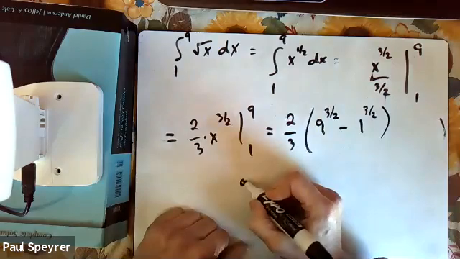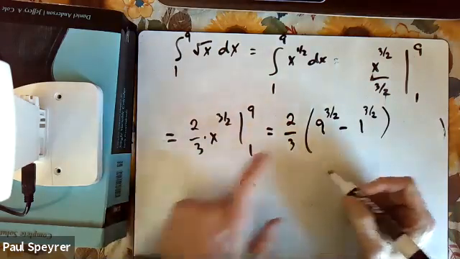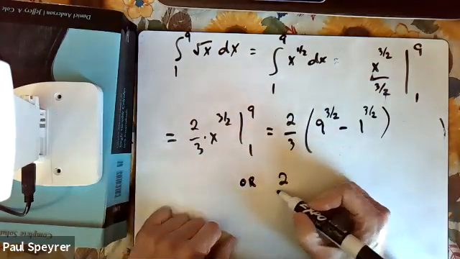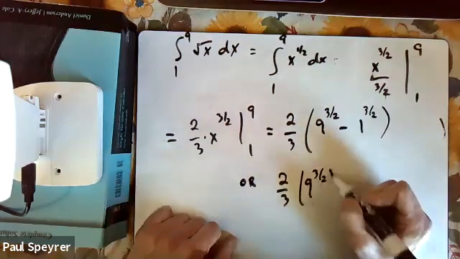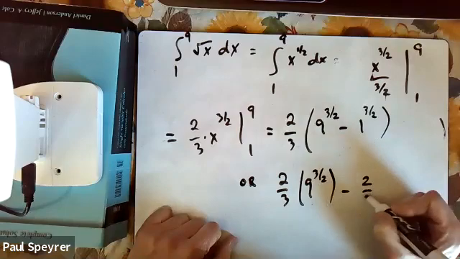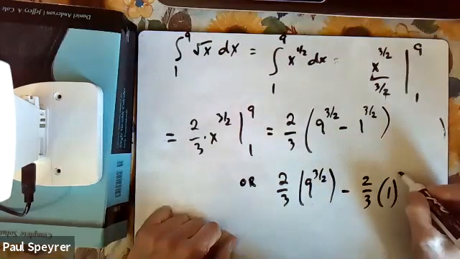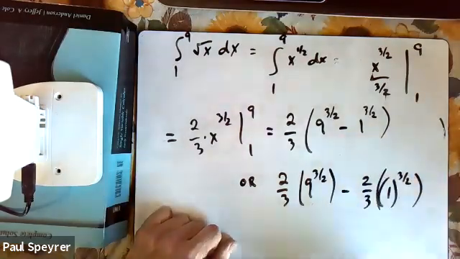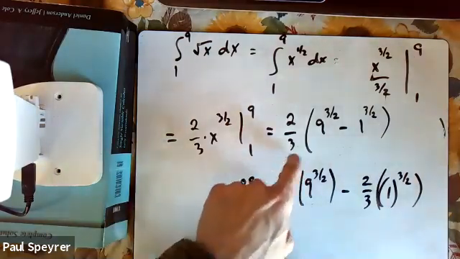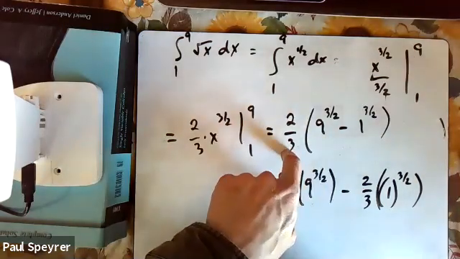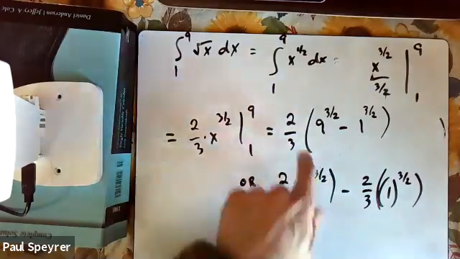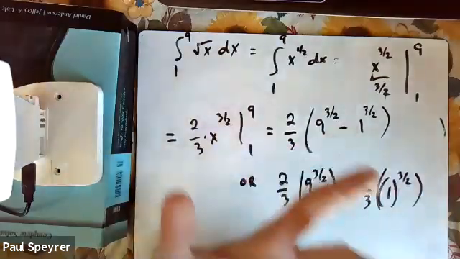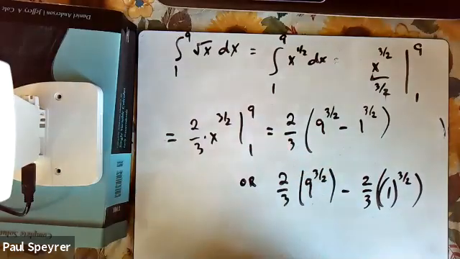You can work like that, or you can just use 2/3 twice. So we can say 2/3 times 9 to the 3/2 minus 2/3 times 1 to the 3/2, just like that. It's still the same thing, right? If I distributed this 2/3, you would get the same thing, right? This times this is that, this times this is that. It's up to you as to how you want to do it.